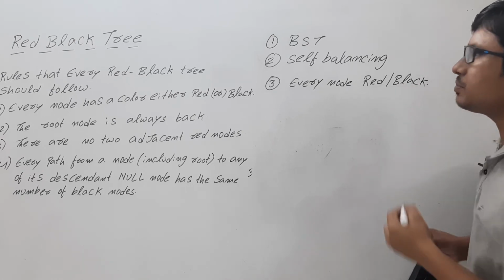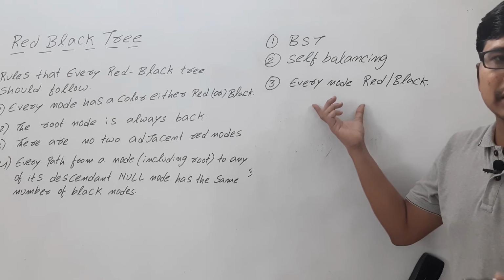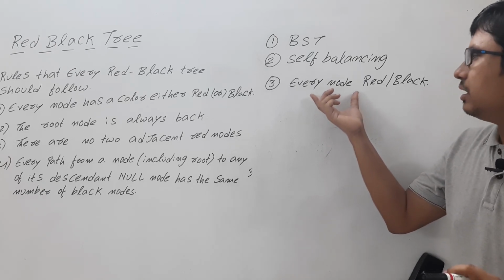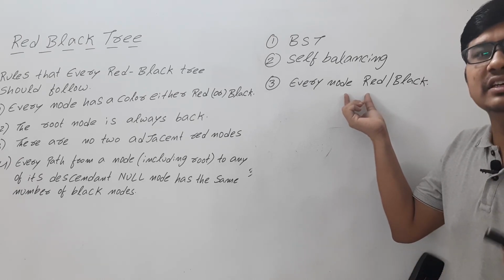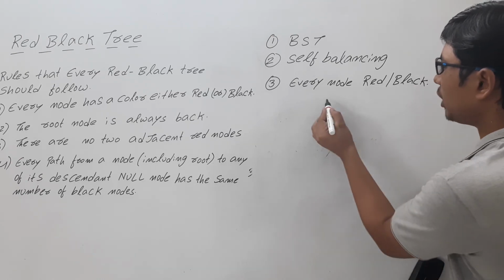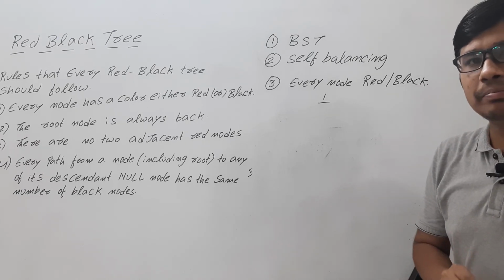This is the difference between the red-black tree and the AVL tree. In the AVL tree, the nodes will not have any color, but in the red-black tree, every node has a color, either red or black. We will have a 1-bit value that represents either a red color or a black color.